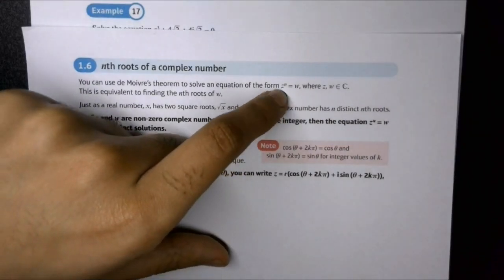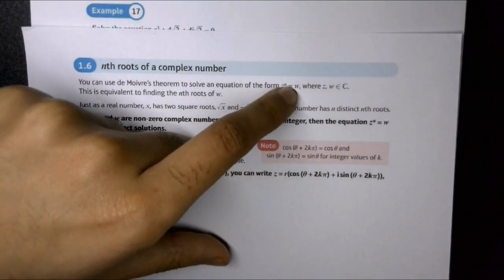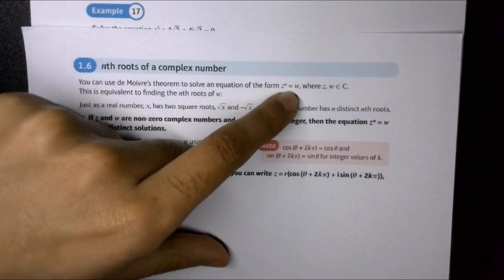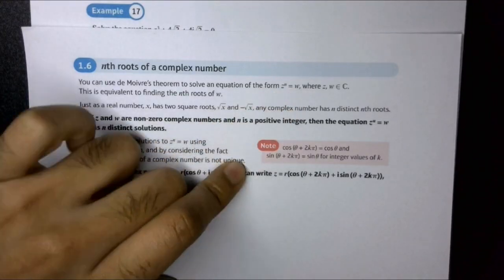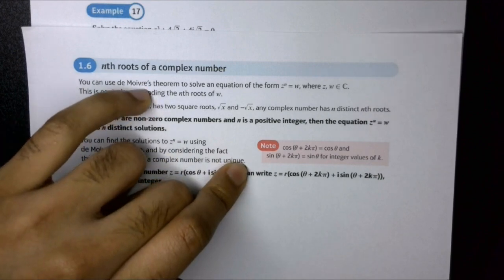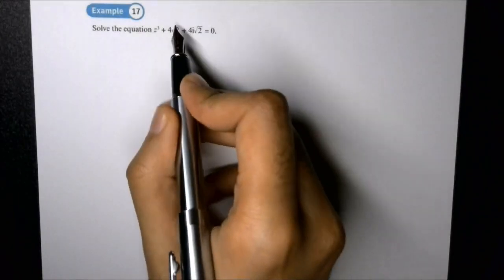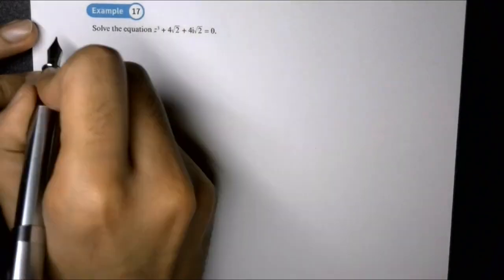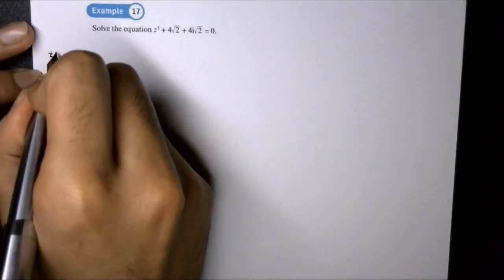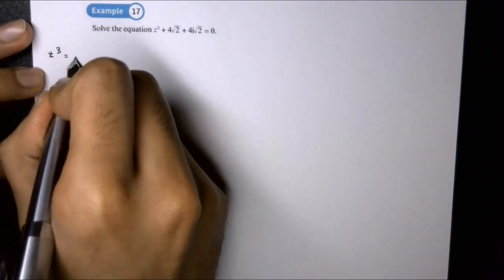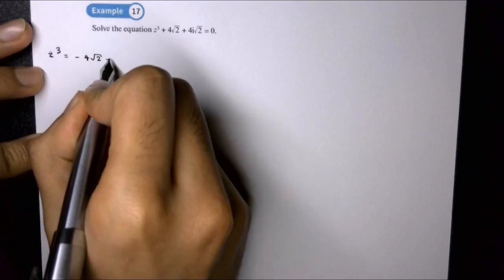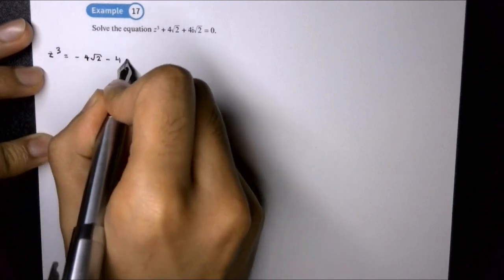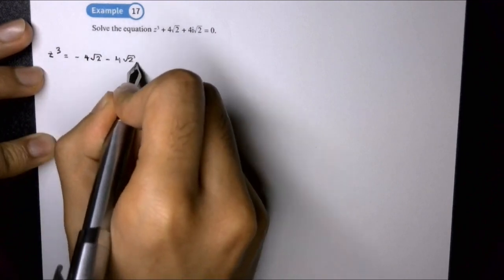We have z to the n equals w. We want the equation in this form to help us find the roots, and we can do that by using de Moivre's theorem. So that's why we want to take this bit to the right hand side. So we have z cubed equals minus 4 root 2 minus 4 root 2 i.